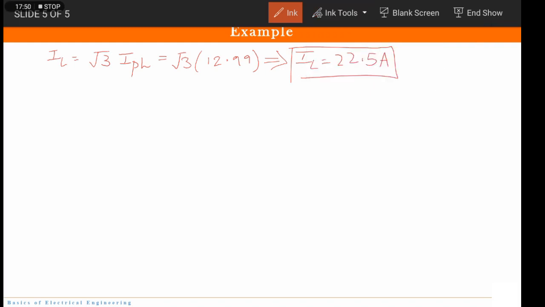Then I have been asked to calculate the power, that is the total power. The total power in a three-phase circuit would be root 3 VL IL cos phi. That is P. Correct?